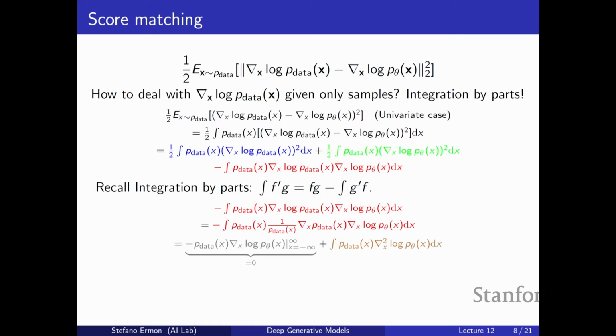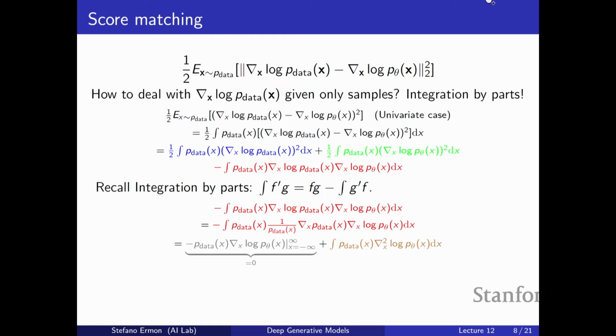Now, we still have to deal with this term here, fg, which is the integrand evaluated at the two extremes. Under some reasonable assumption, you can assume that in the limit, as x goes to plus and minus infinity, p data goes to 0.